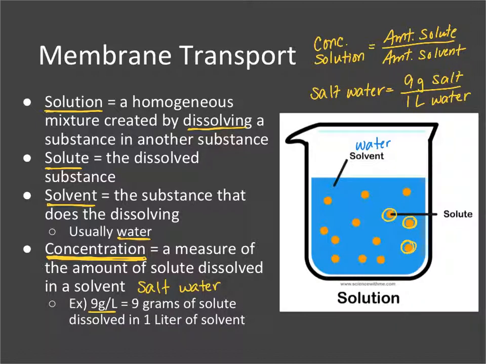Now we might not have a full liter of water, but this is a ratio or a proportion, all right? So this concentration is a ratio or a proportion of how much solute there is given the amount of solvent present.